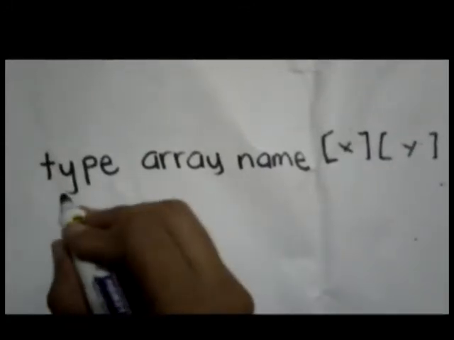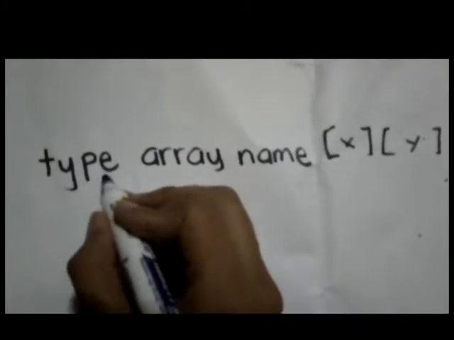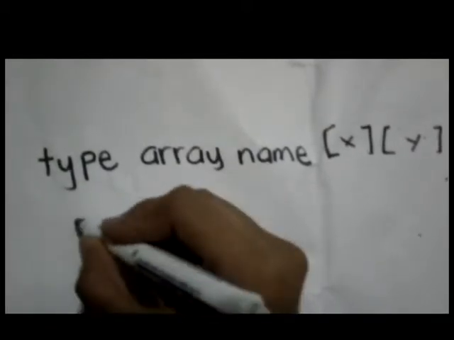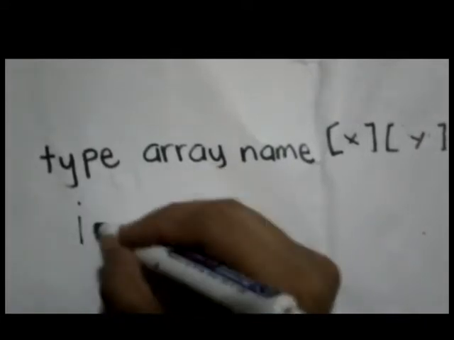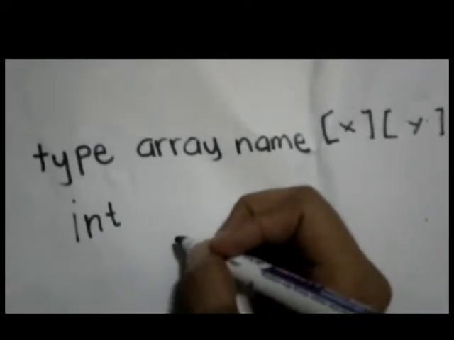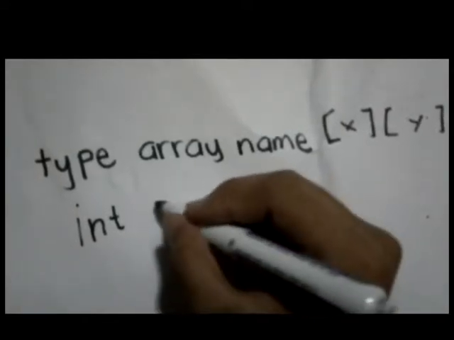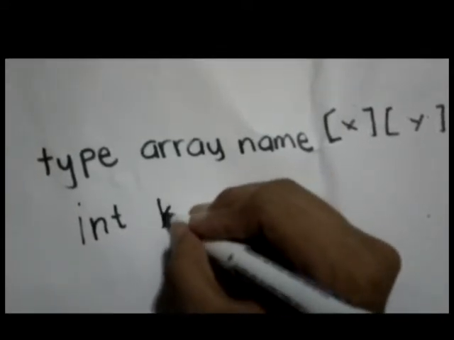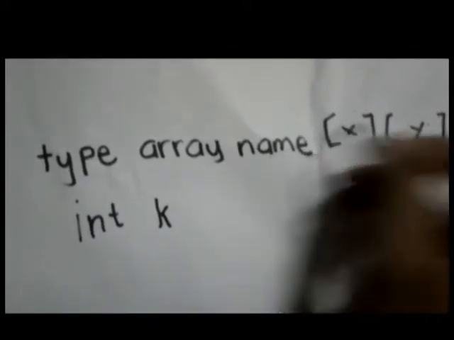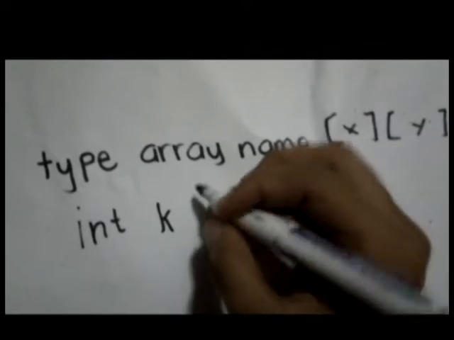Okay, type, so it can be a string, a float, a double, or an int. So it can be int. Array name, it can be anything, any variable that you will use in your array. So I will use k as my variable. Next is the open and close bracket.